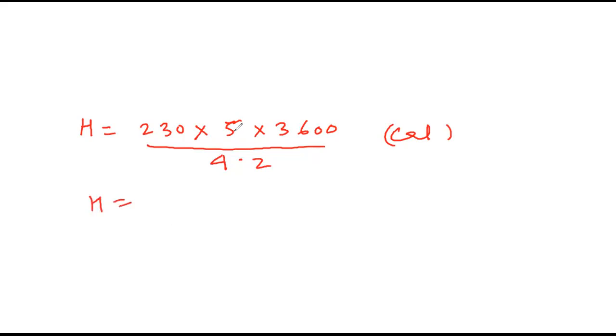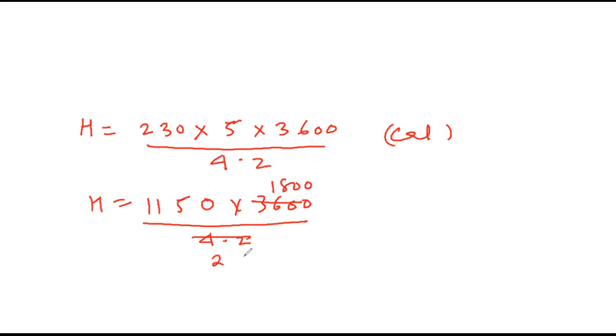This is 5 into 230, 5 into 3, 15, 5 into 2, 10, 11, into 3600 upon 4.2. By 2 we can cancel. 1800 upon 2.1.